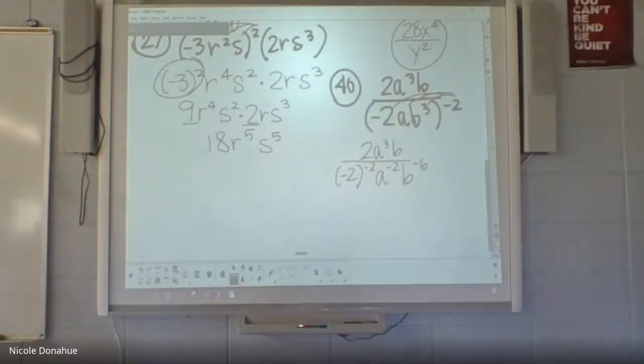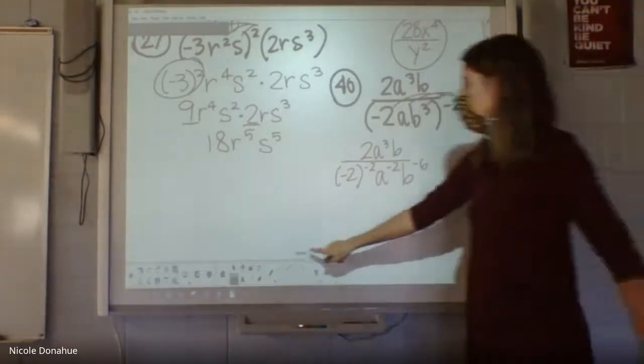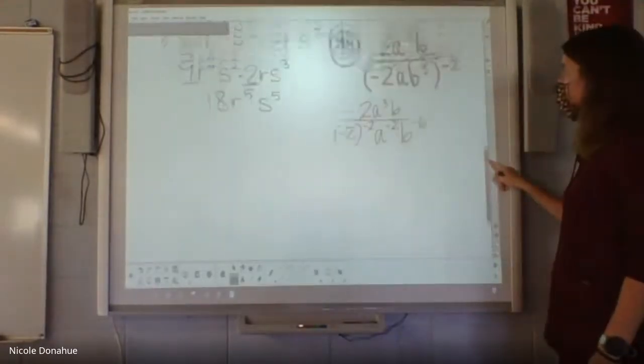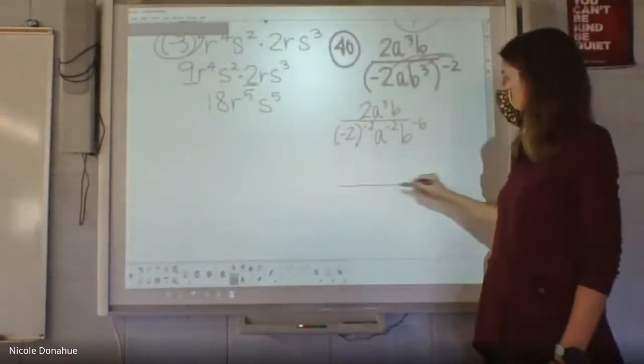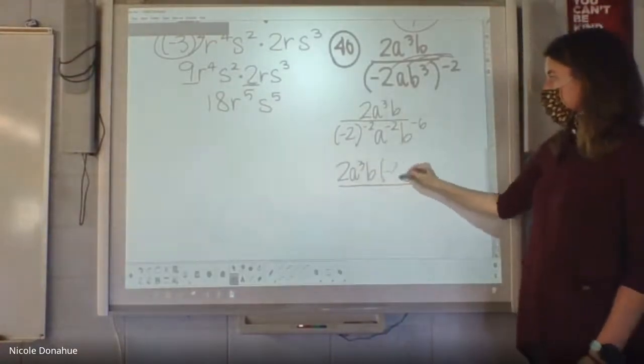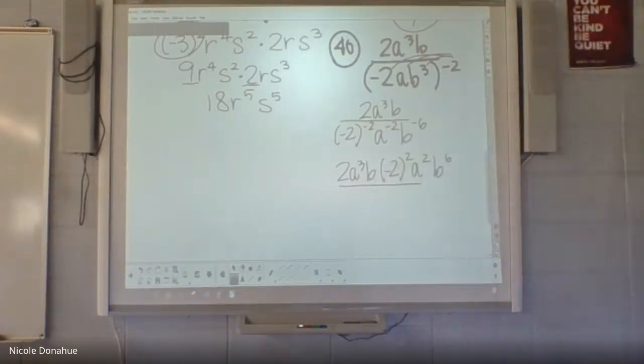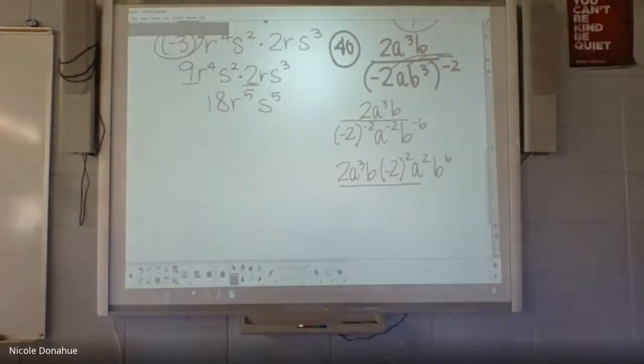So all those negative exponents. Now, since they're all negative, I'm just going to move them all to the top. So all of them, I'm just going to bump them up to the top. These were already there. I'm going to put these up on the top. They're all going to become positive now. So everything's going to be on the top of the fraction.